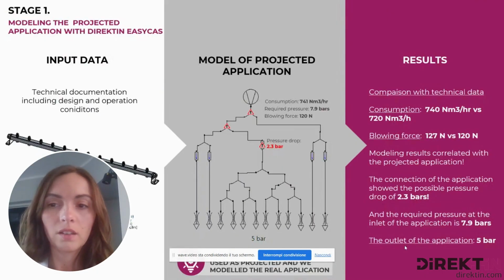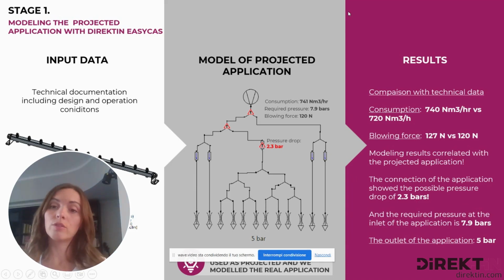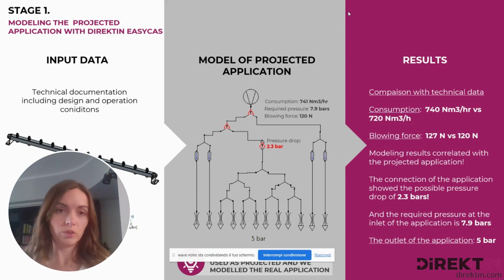So let's sum up the results of the first phase of the modeling of the application. We had input data as technical documentation, including the design and operation conditions. We created the model of the projected application where the consumption at 5 bar was around 741 cubic meter per hour with a required pressure of almost 8 bars and blowing force about 120 newtons.